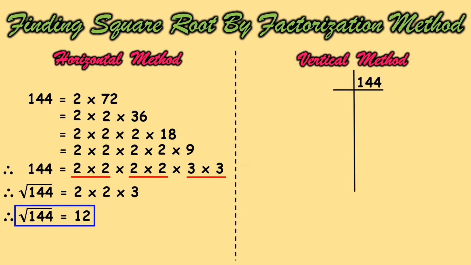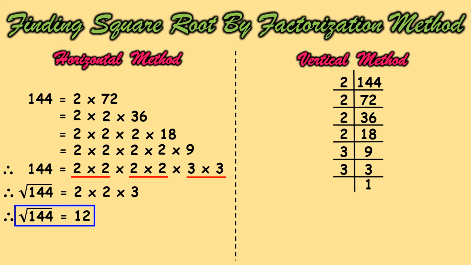When I'm using the vertical method, you know the pattern of solving it. I will use the least prime number, that is 2. 2 72s are 144. Again, 2 36s are 72. 2 18s are 36. 2 9s are 18. 3 3s are 9. 3 1s are 3. Now write all the prime factors that you just found.